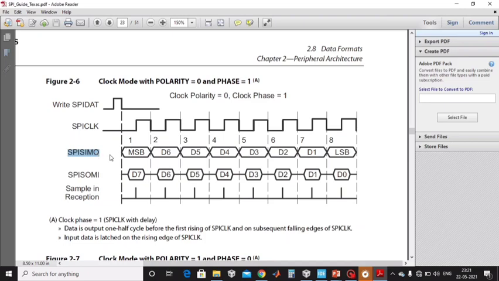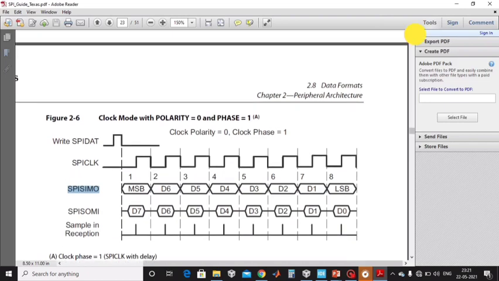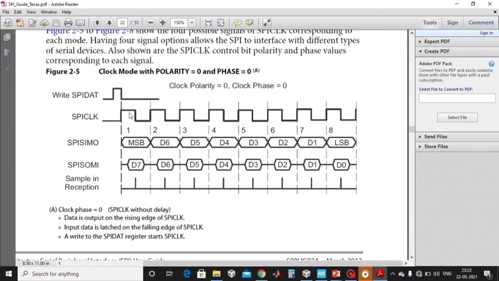Whether the master is outputting the data on the rising edge or on the falling edge. In the previous example, the clock and data were both in sync. So it is clear that the master was outputting its data on the rising edge of the clock, since there was no phase difference in that mode of the SPI.